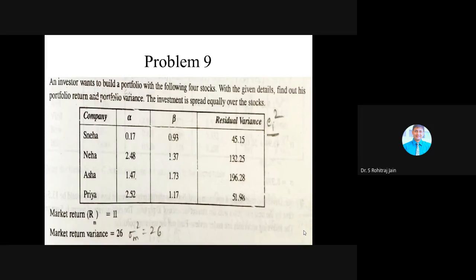Then what is this alpha? Beta, all of you know this particular column. Beta of Sneha is 0.93. So what is beta? Beta is a measure of a stock's volatility in relation to the overall market. I'm repeating once again, we have already solved problems related to this.